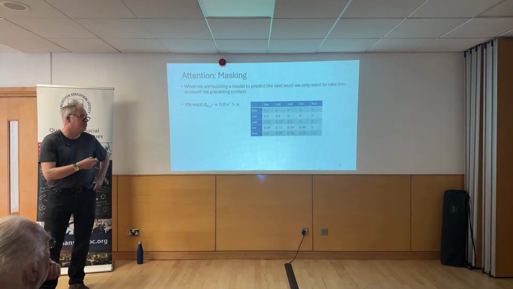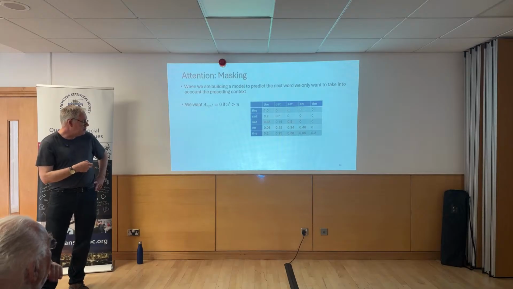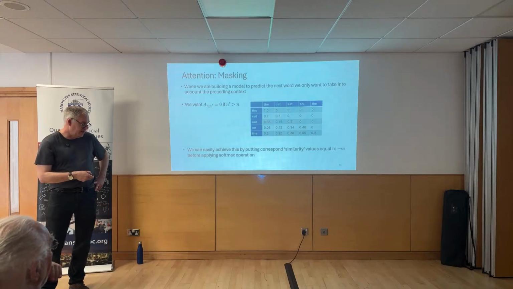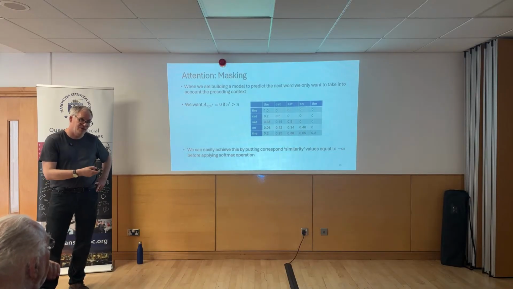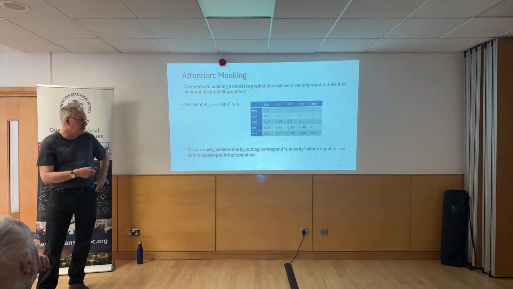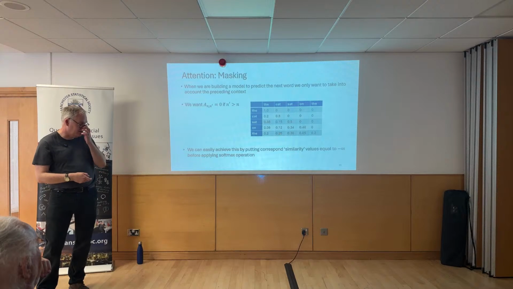And this whole process is called masking, and so we refer to it as masked self-attention. So we can either put zeros in our attention weight matrix, or the other way of doing it is we can just set our similarity measure, our inner product calculation, to -infinity, because then when we feed it into the exponential, e to the -infinity goes to 0. So there's an easy way to do it when we're applying the softmax operation.